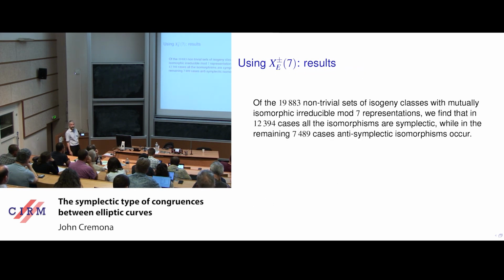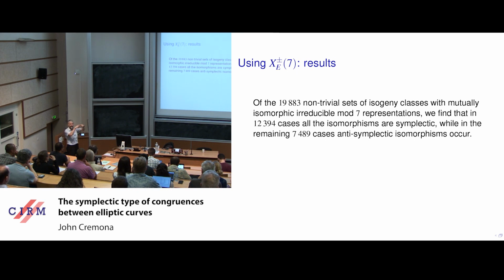Right, so what are the results? How many of these congruences are symplectic and how many are antisymplectic? I got slightly tired of typing in long numbers when I was preparing the talk, so I probably haven't told you everything. You may remember we had 19,883 non-trivial sets of isogeny classes with irreducible mod 7 representations which are mutually isomorphic.